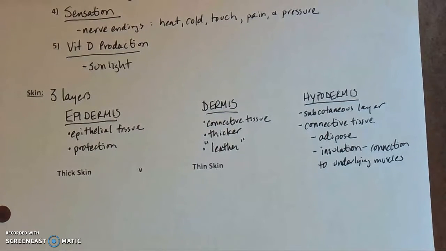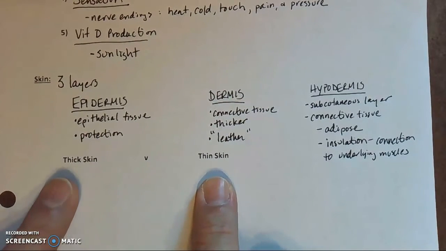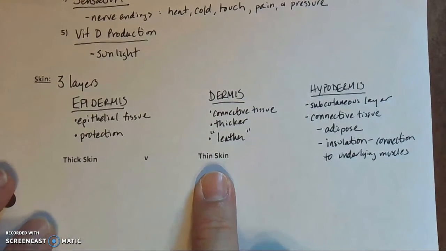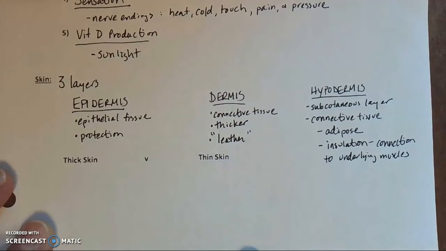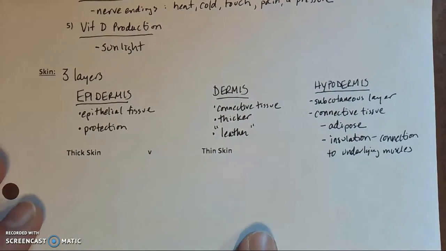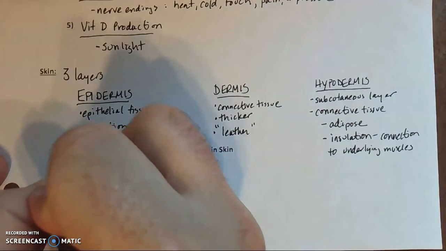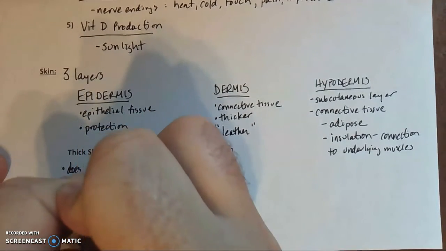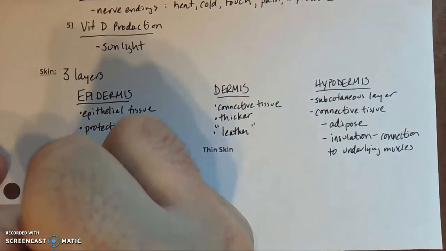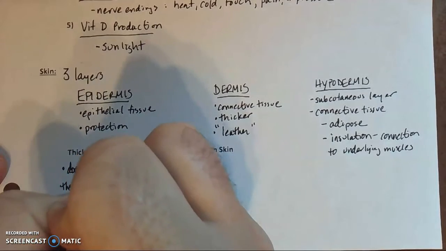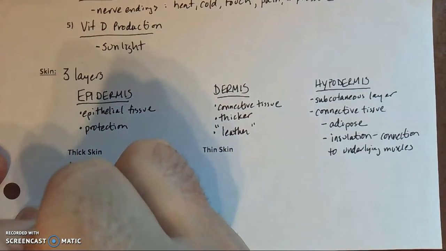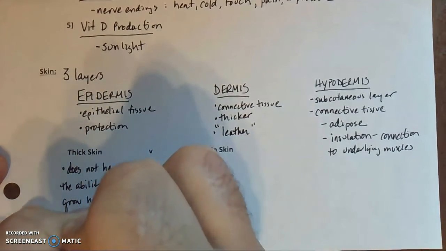The other way that we can differentiate skin is we can divide it into 2 categories, thick skin and thin skin. And it is the ability or lack of ability to grow hair. So thick skin does not have the ability to grow hair.